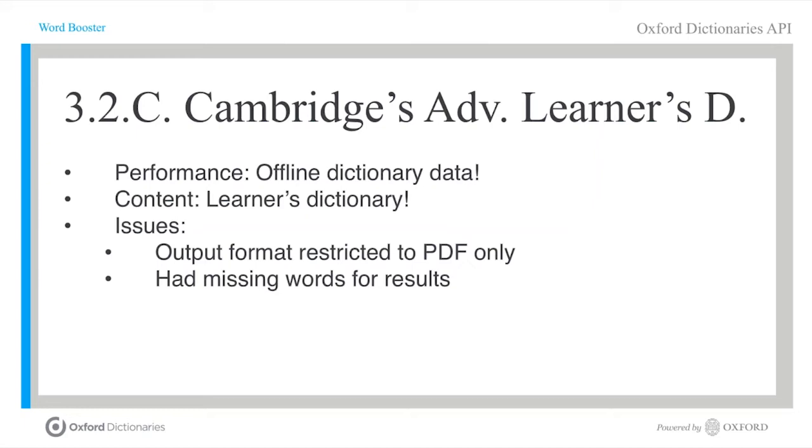Then I also had another issue, which was that, being a learner's dictionary, it had lots of missing words in the results. I used authentic material, which is what native speakers of English use, and a learner's dictionary has maybe 50 or 60,000 words, so a lot of words could be missing. Later, when I used the Oxford Dictionary, that resolved the issue almost perfectly.